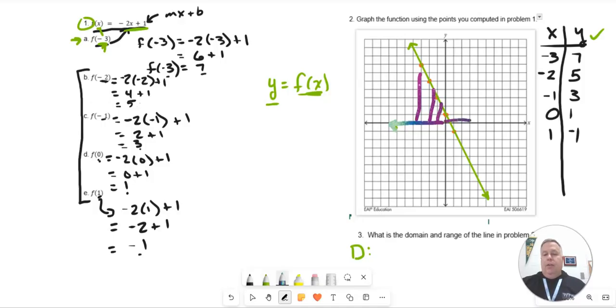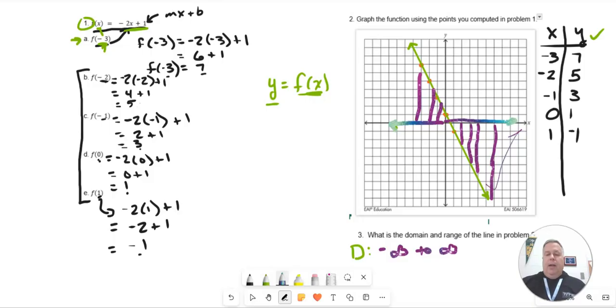If I go this way on the x-axis, no matter where I go, I can draw a line down to the graph. If the line extended down there, here's an example here, here's an example here. So we know it's a function. Every input has only one output. The domain is negative infinity to positive infinity.